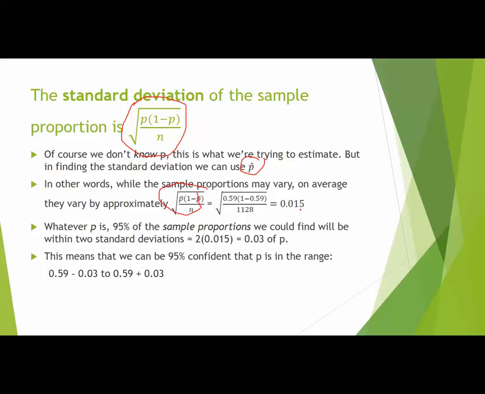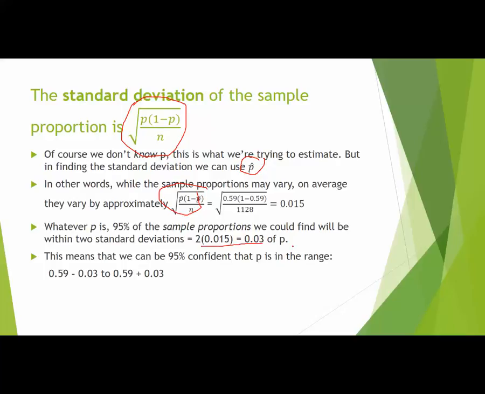So sure, different samples will give us different proportions. But on average, the sample proportions are only going to vary by about 0.015. Now whatever p is, 95% of the sample proportions are going to be within 2 standard deviations of that. So whatever p is, we don't know it, but whatever it is, 95% of the time our sample proportion will be within 2 standard deviations, 2 times 0.015, or about 0.03 of whatever the p is.